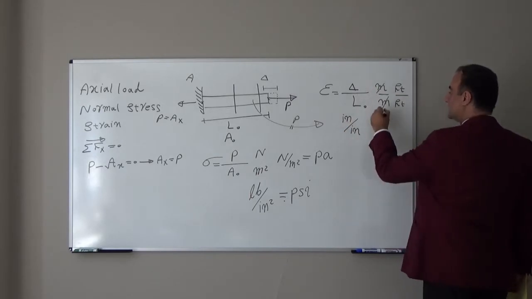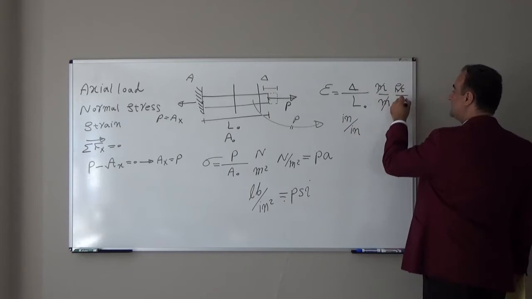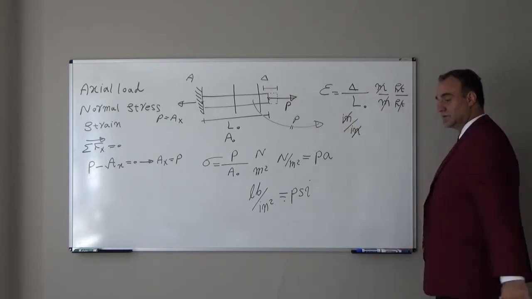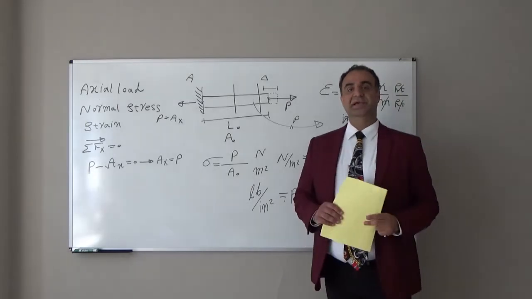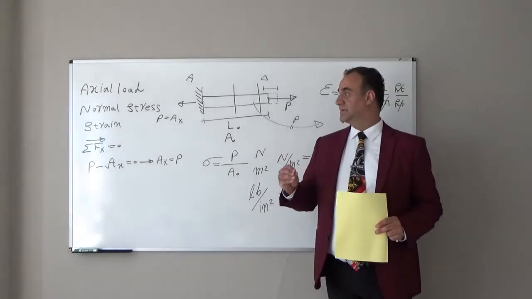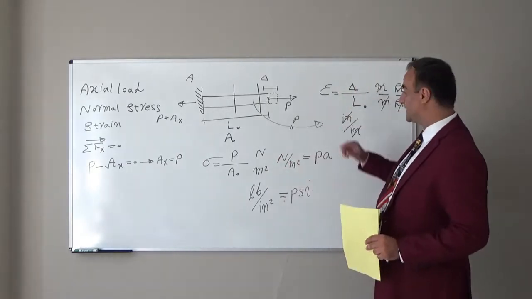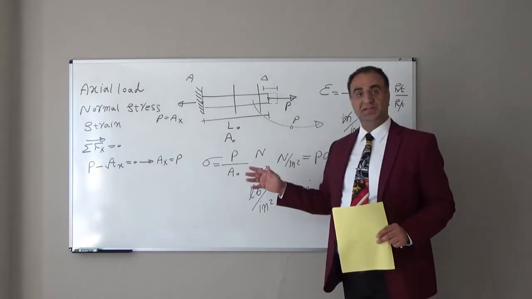So meter will cancel meter, feet will cancel feet, inch will cancel inch. So epsilon, strain, is unitless. There is no unit for strain.